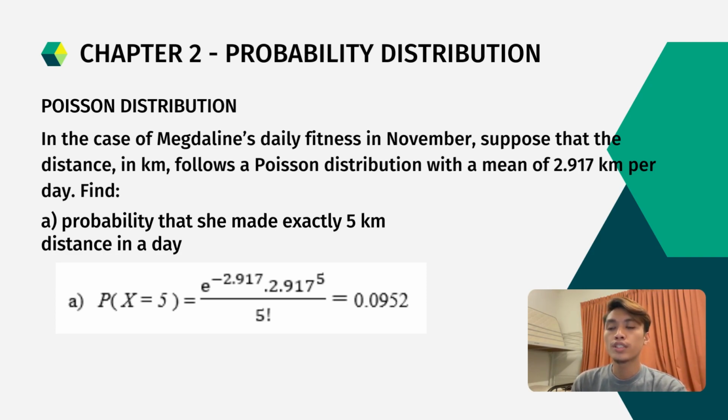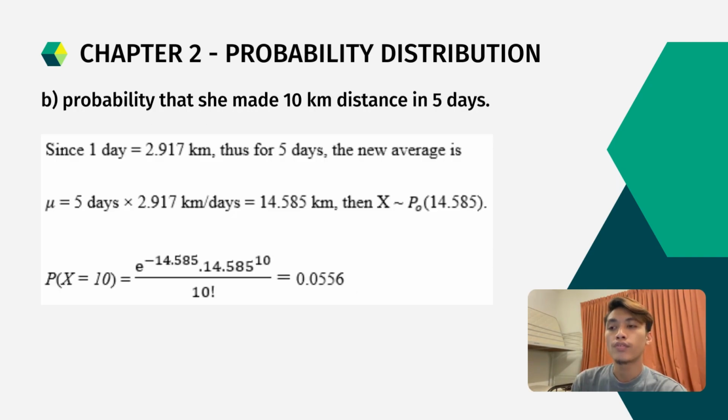So the solution is very straightforward and it will be using the Poisson distribution formula, which is P x is equals to exponent negative mean times mean power of x and divided by x factorial. And so we put in the value and then the answer will be 0.0952 for 5 days.